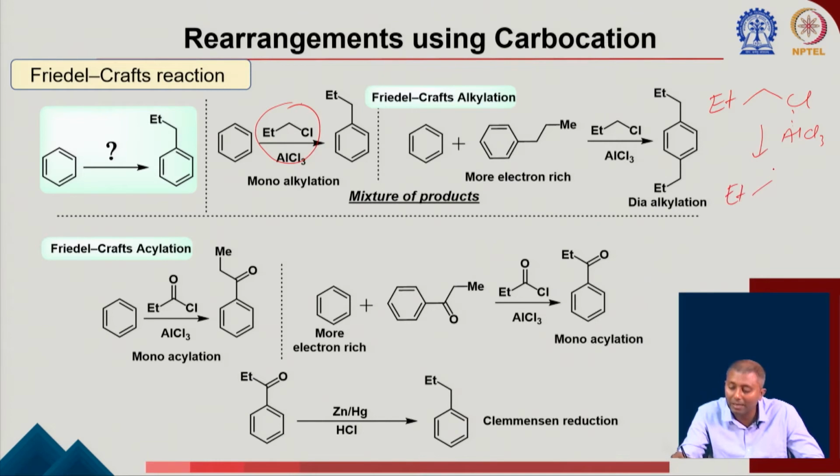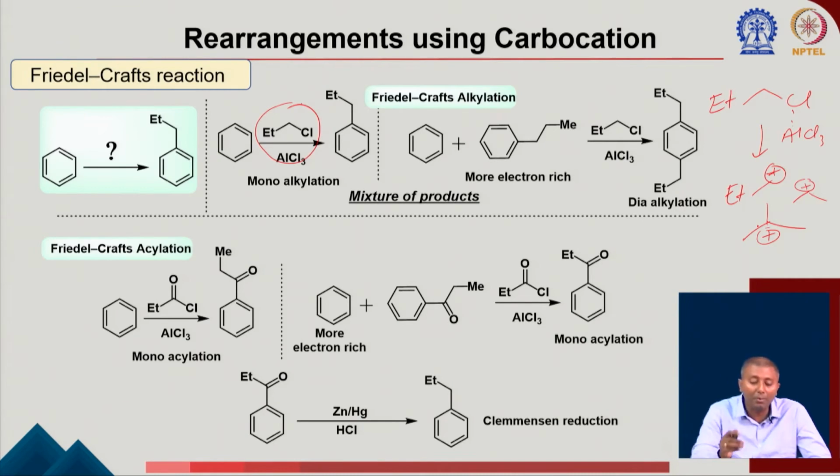So it actually generates a carbocationic character here. You can clearly see that whether you make a tertiary, a primary, or a secondary carbocation, the reaction rate will depend on which carbocation is more stable. If it goes through a tertiary carbocation, the reaction will be faster compared to a secondary, and compared to a primary.